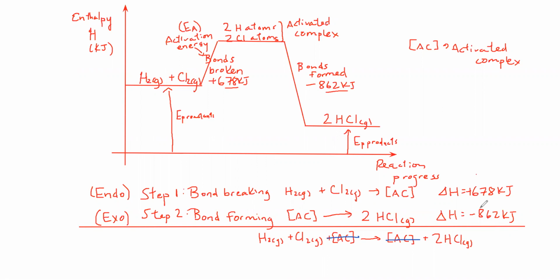Now, what we've done in the past when we've done Hess's Law is add these two energies together, these two right here, and 678 minus 862 essentially gives us negative 184 kilojoules.